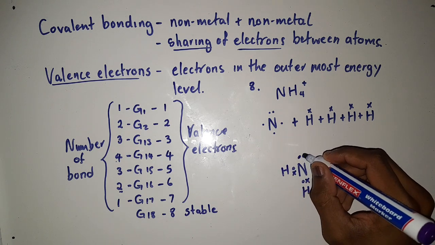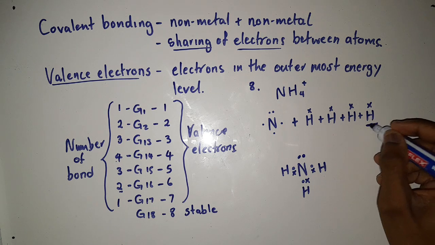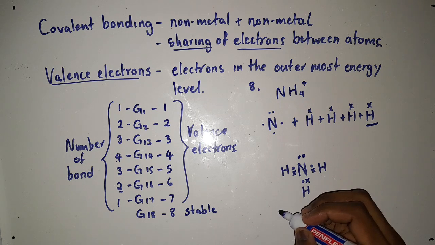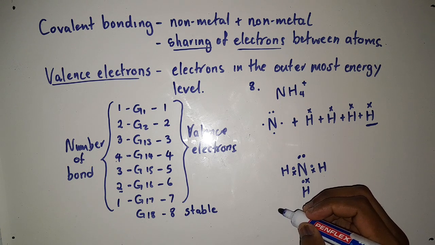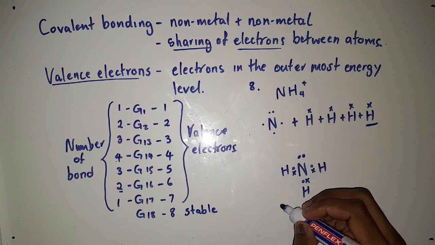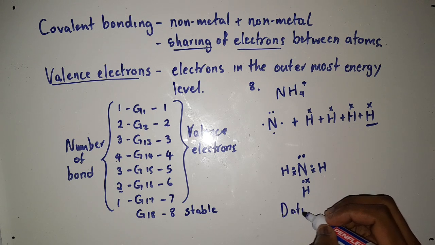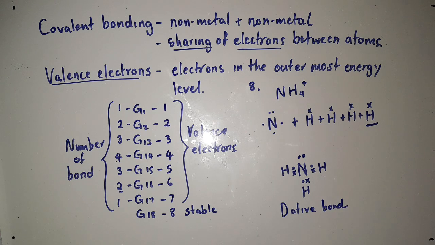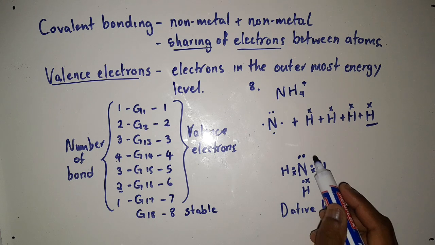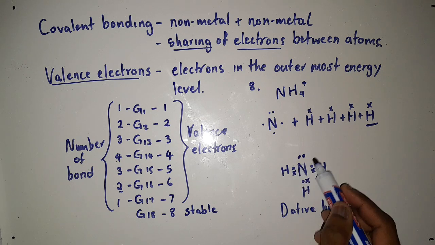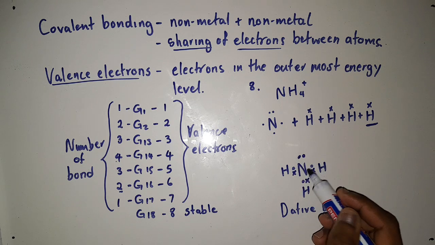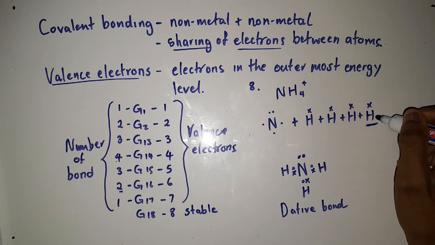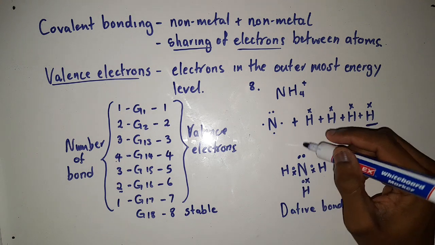Then now, what is going to happen with that last H? Now we get a situation which is called a dative bond, whereby the lone pair of this nitrogen is going to be paired to that remaining H.